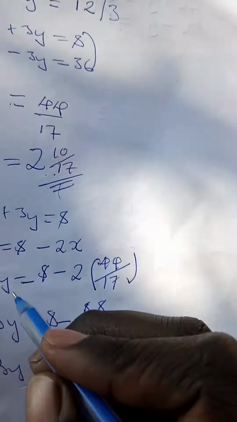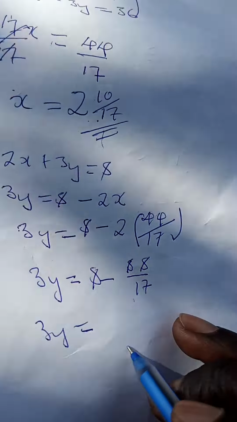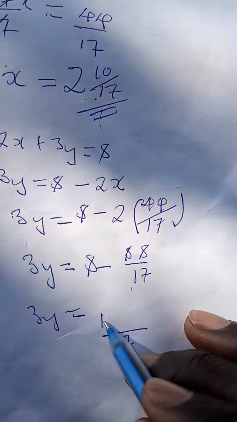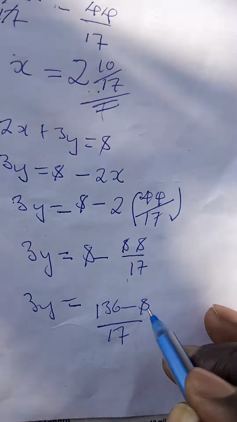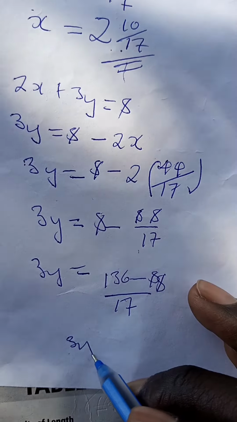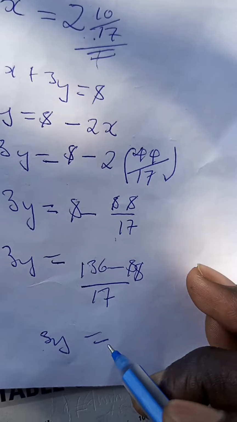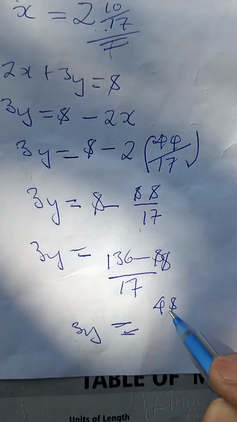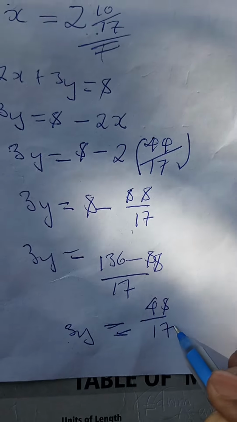This one is a matter of finding the common denominator, which is 17. So 8 times 17, that one will give you 136 minus 88. And then subtracting, 3y is equal to 48 over 17.